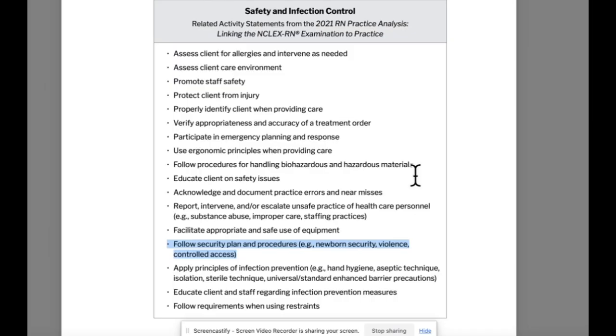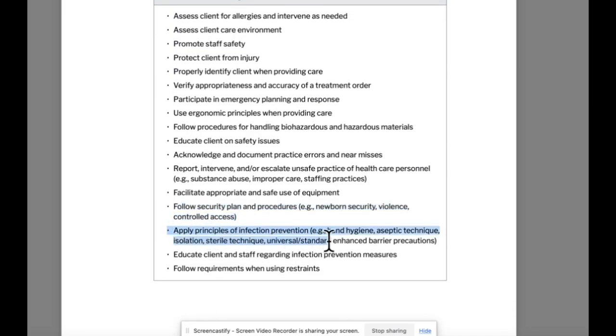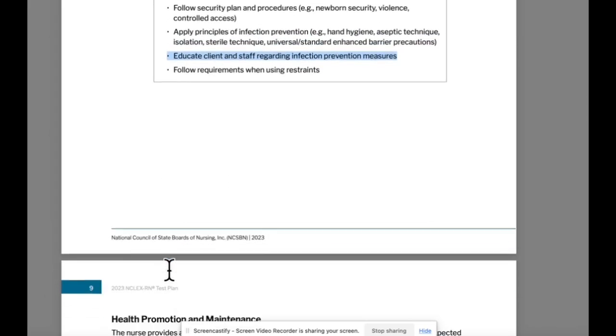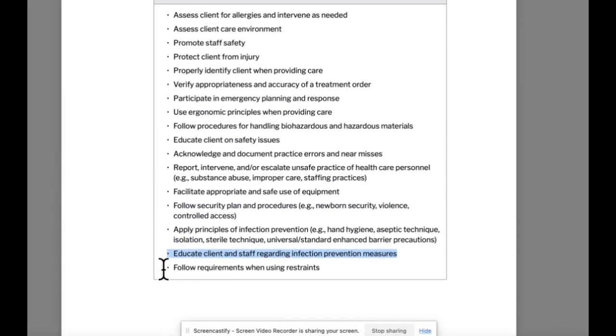Apply principles of infection prevention, e.g., hand hygiene, aseptic technique, isolation, sterile technique, universal standard, enhanced barrier precautions. Educate client and staff regarding infection prevention measures, and follow requirements when using restraints.